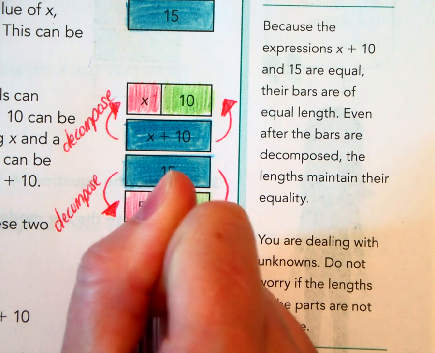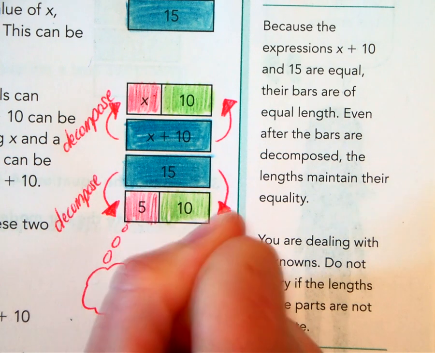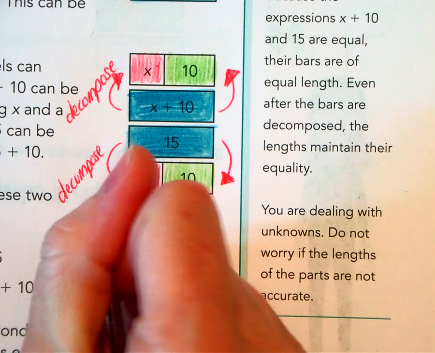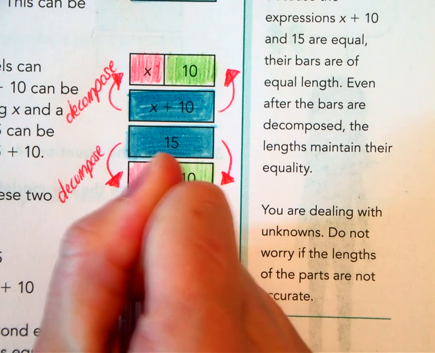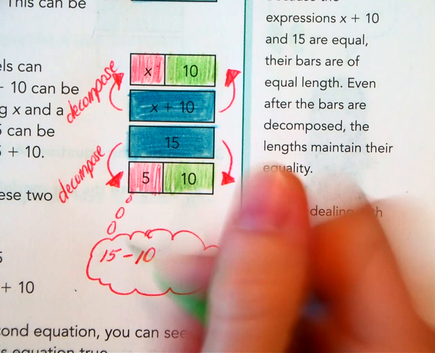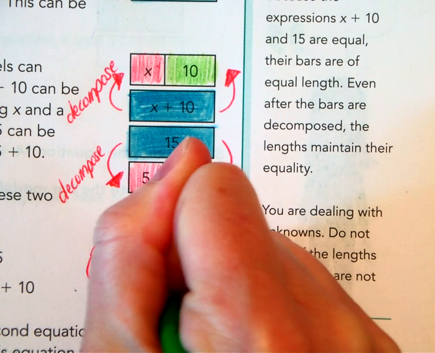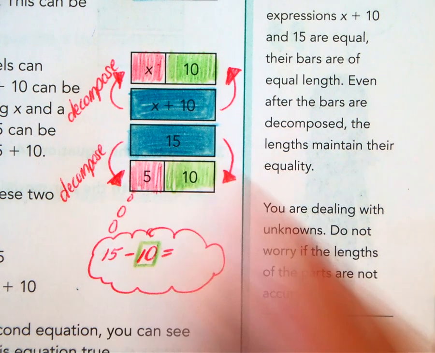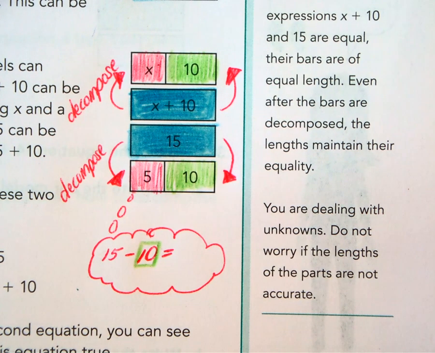Your think bubble says, well, I had 15, and I knew I had to take away 10. So I only had a possible solution.